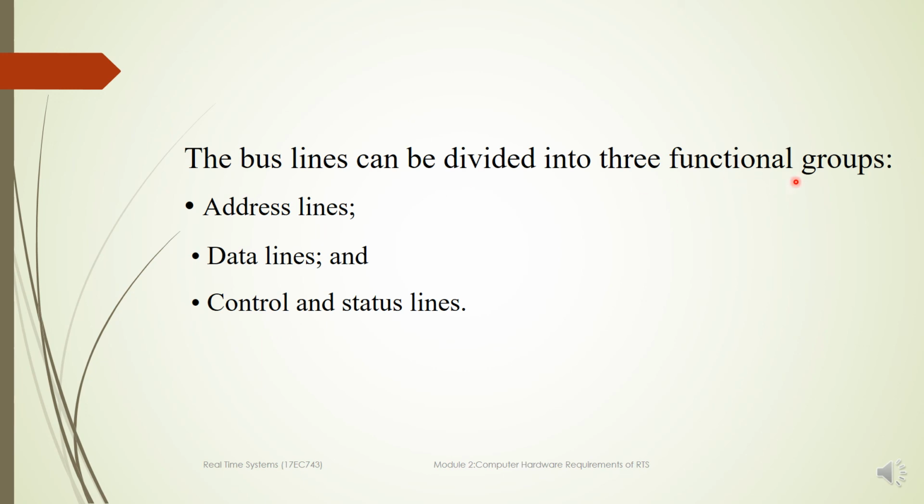So the three functional groups are, first, address lines. Address lines will always tell you where data has to be sent. Data lines represent which data has to be sent.